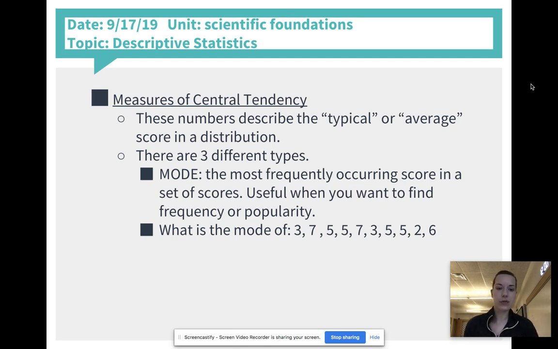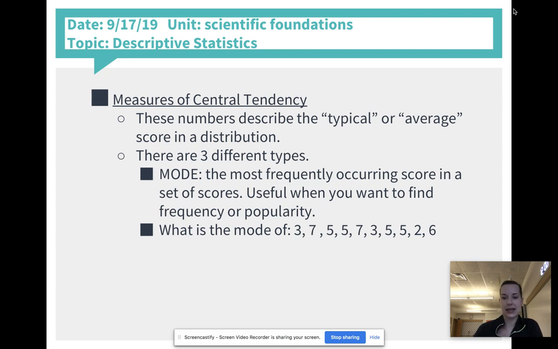Okay, so the first one we're going to talk about is the mode. So this is the score that shows up the most often. And this is the most useful when you want to find out how popular something is. So, when you hear on commercials like 4 out of 5 dentists recommend this toothpaste, that's the mode. Okay.